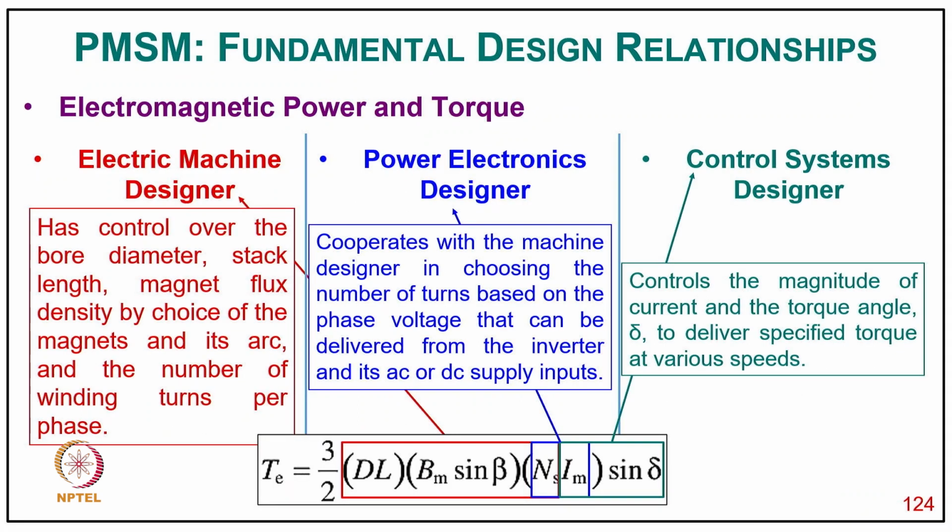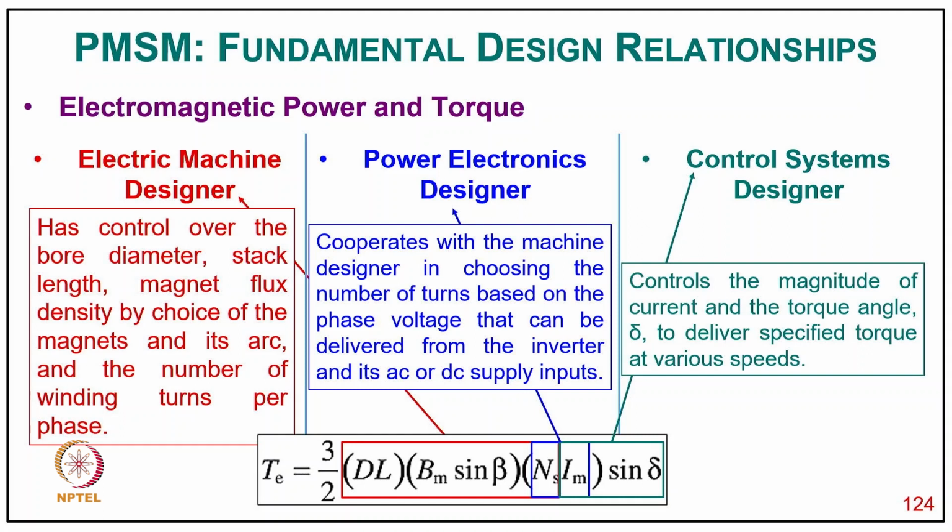Now typically the electrical machine designer has control over the bore diameter, stack length, and magnet flux density by the choice of the magnets and their arc, and the number of windings per phase. The power electronics designer cooperates with the machine designer in choosing the number of turns based on the phase voltage that can be delivered from the inverter and its AC or DC supply.